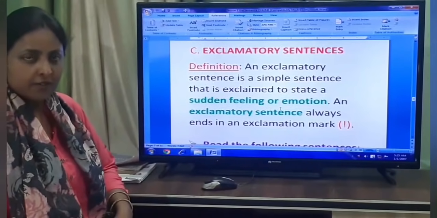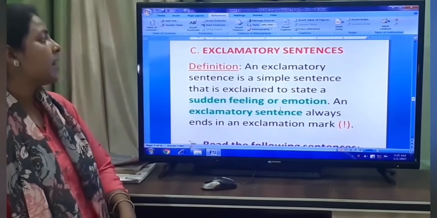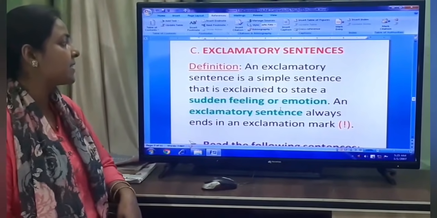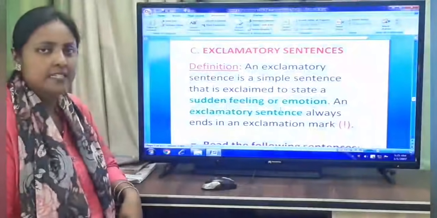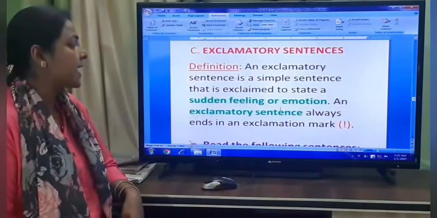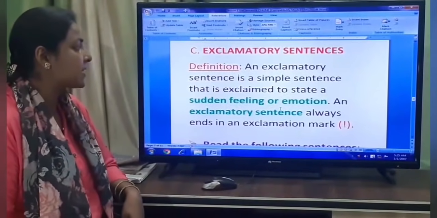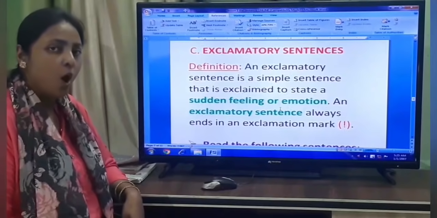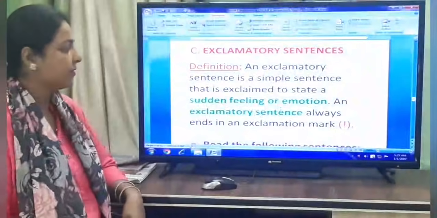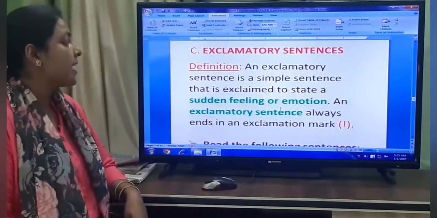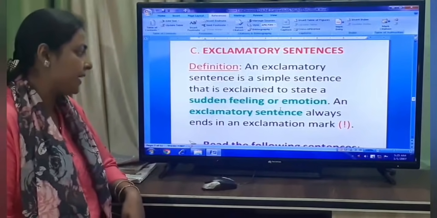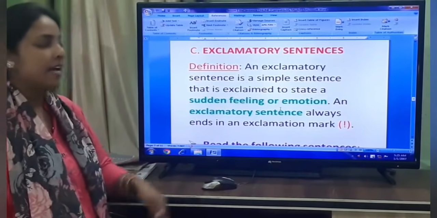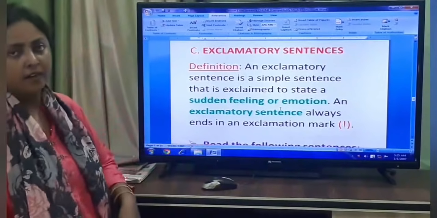I repeat, an exclamatory sentence is a simple sentence that is exclaimed to state a certain feeling or emotion. An exclamatory sentence always ends in an exclamation mark.